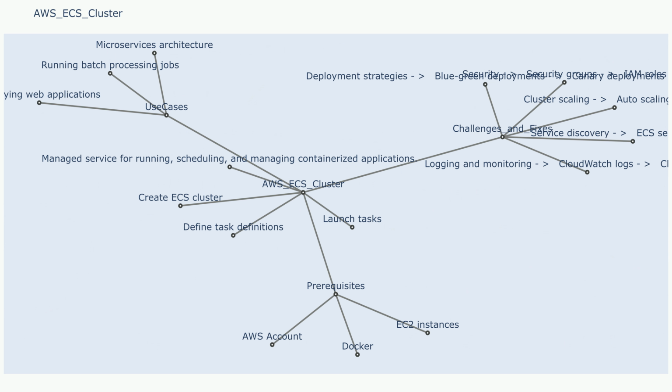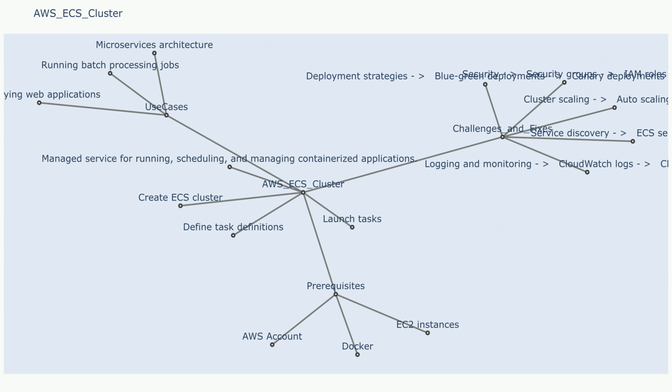Scan your container images for vulnerabilities and implement security best practices like least privilege. Use AWS Network Firewall to protect your ECS cluster from malicious traffic. Enable encryption at rest for your container images and data volumes.